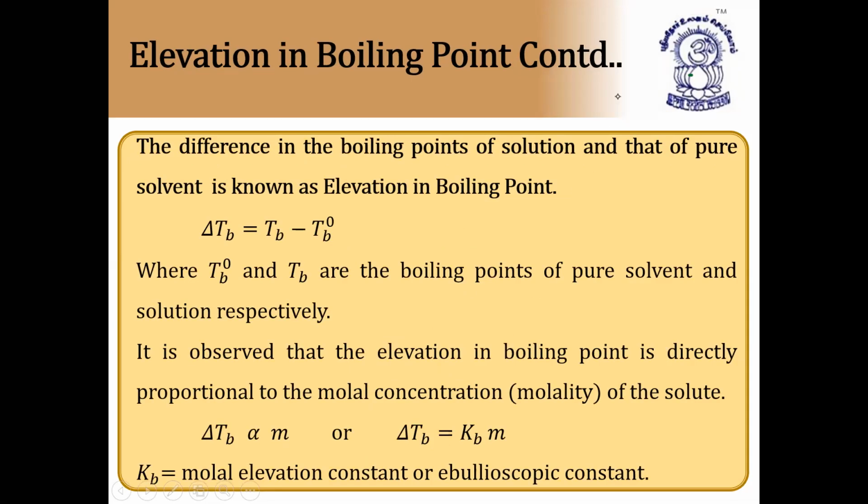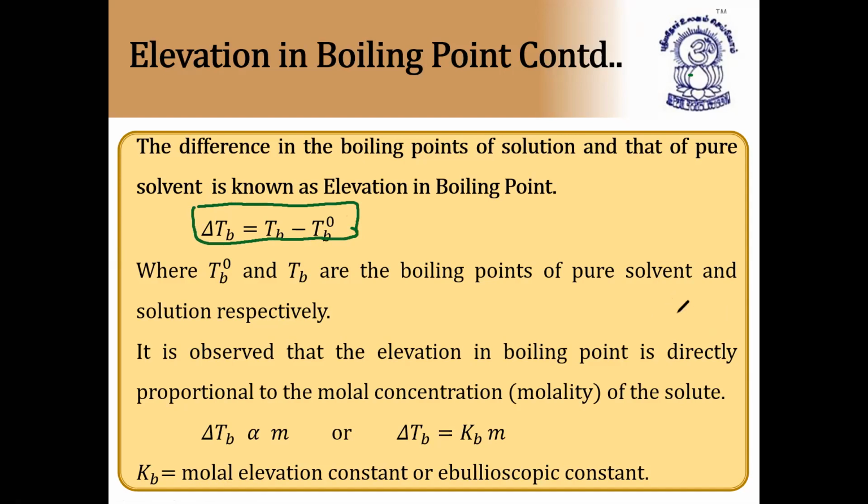So delta TB is equal to TB minus TB naught, where TB is the boiling point of the solution after adding solute, and TB naught is the boiling point of the pure solvent, without adding solute.